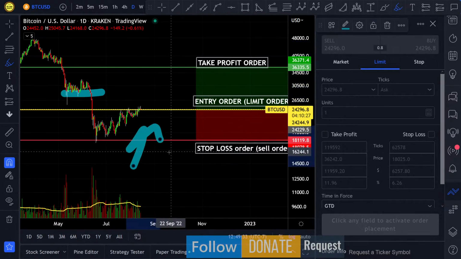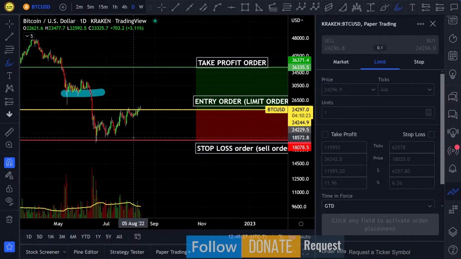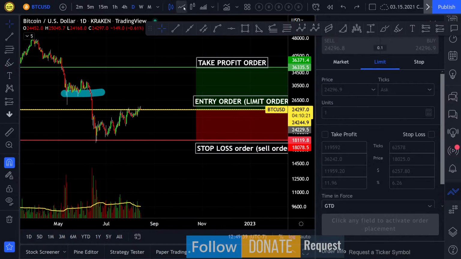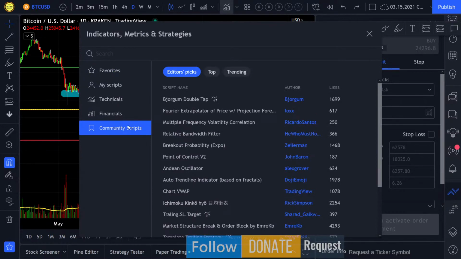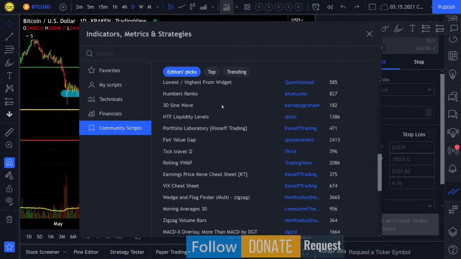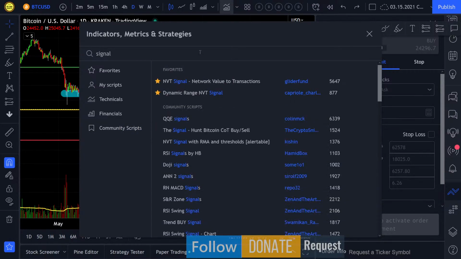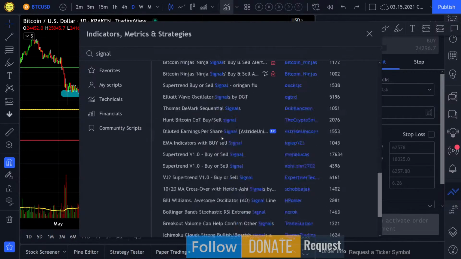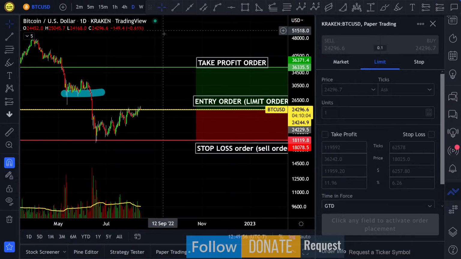I'm just doing this. Oh, so maybe you thought it was like a script signal or something. Okay, they do have that on TradingView. If you really want it, it's in the community scripts. So somewhere in here, type signal or something. Sometimes there's a lot of those, but I don't use those anymore.